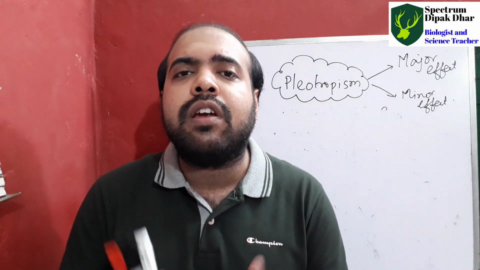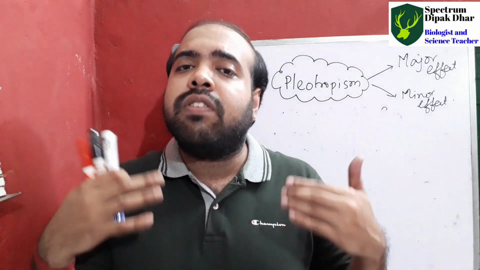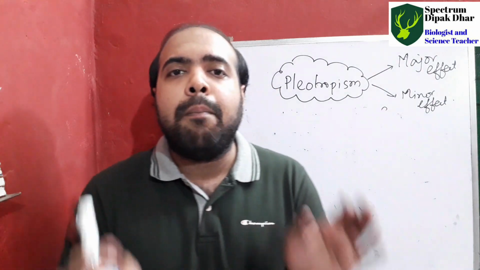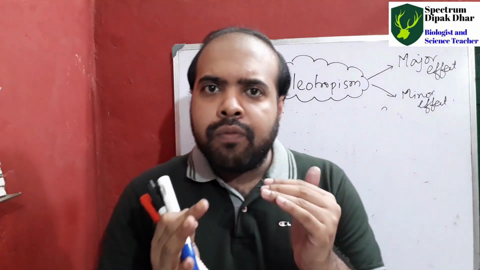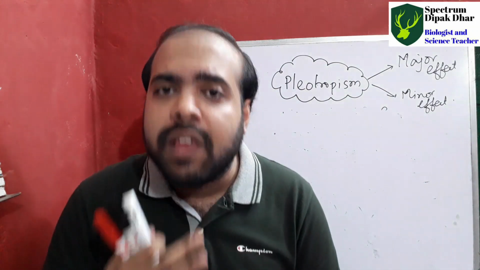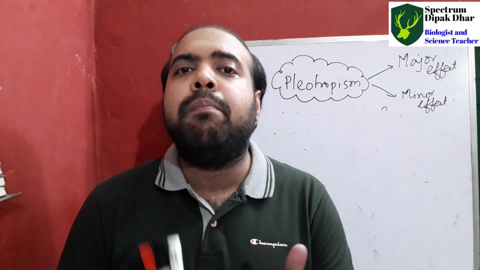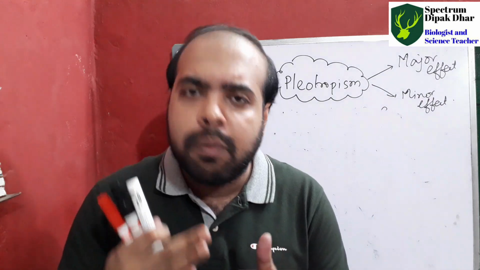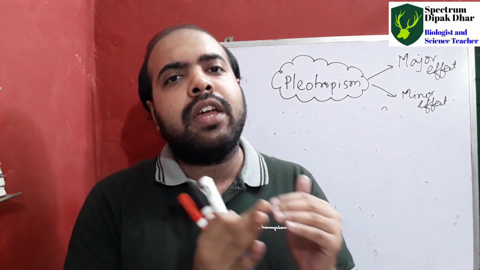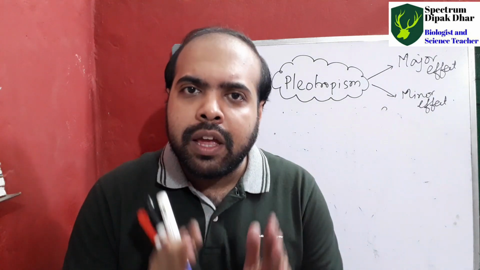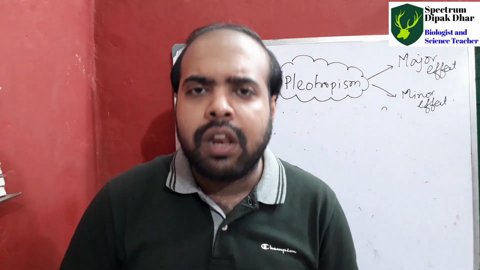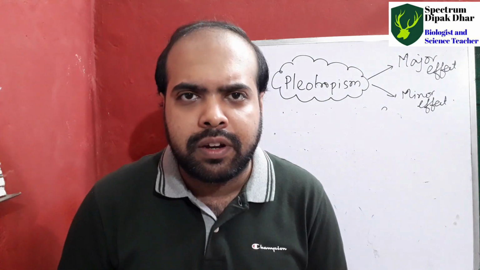Now, what happens in sickle cell hemoglobin? In sickle cell hemoglobin, the beta chain, which is made up of 146 amino acids, has a change at the 6th position from the amino terminus. The amino acid in normal hemoglobin is glutamic acid.